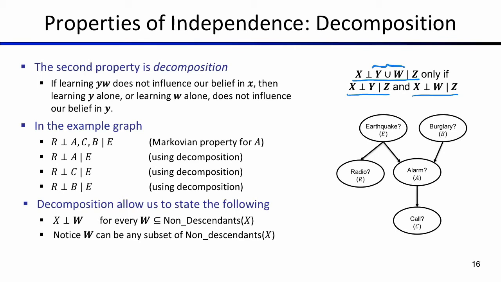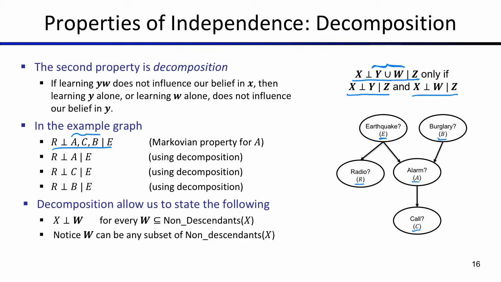So we can look at one example. Here we have the Markovian assumption for variable R. It says that R is independent of its non-descendants, which are A, C, and B, given its parent, that is E. And we can decompose this set into smaller sets.